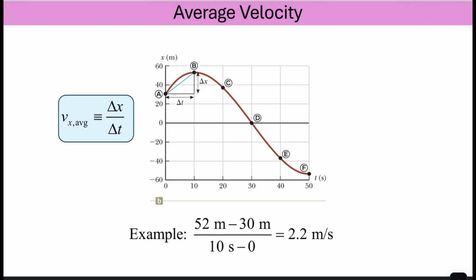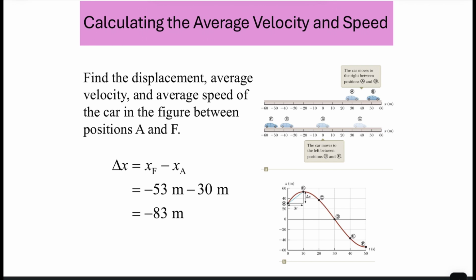For example, for the motion of the car just now from position A to position B within 10 seconds, it is calculated as x final minus x initial, which is 22 meters, over the time interval, which is 10 minus 0. This gives us an average velocity of 2.2 meters per second for the car to move from point A to point B within 10 seconds.